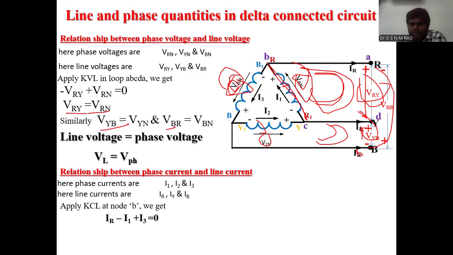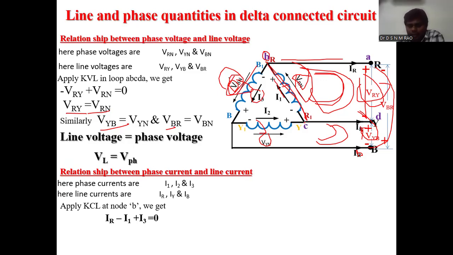The sum of incoming currents equals the sum of outgoing currents. At this junction, the incoming current is I1, and the outgoing currents are IR and I3. So I1 equals IR plus I3.